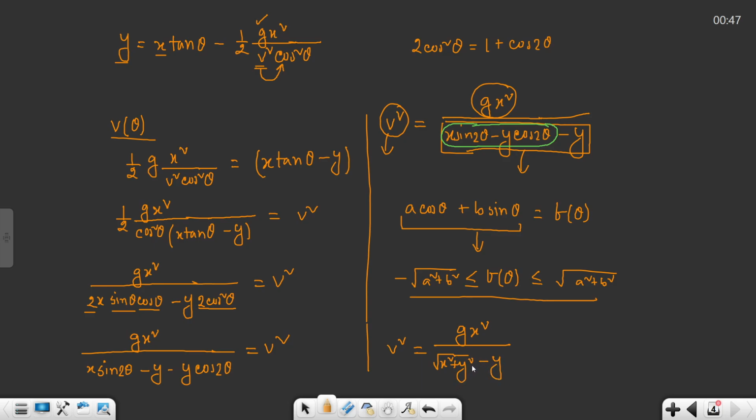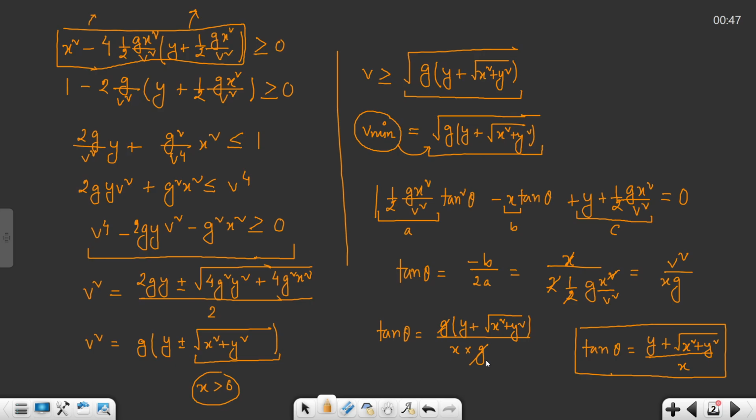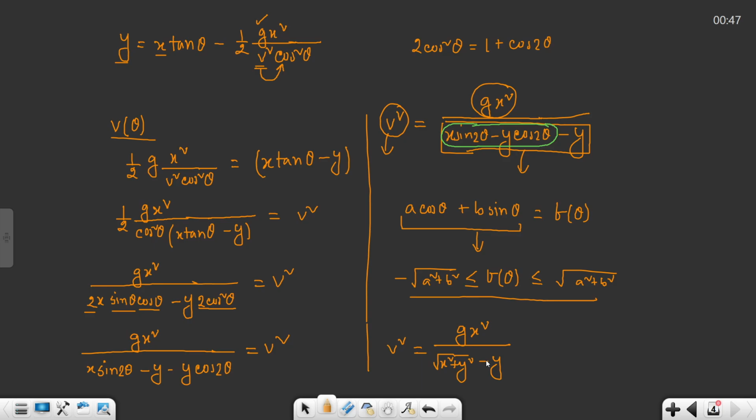Well, does it look like the previous solution that we got? No, it doesn't. Why is it not looking like that? Well, it is not looking like that because it is in a different representation. So if we multiply with the conjugate of this, then we get something like this.